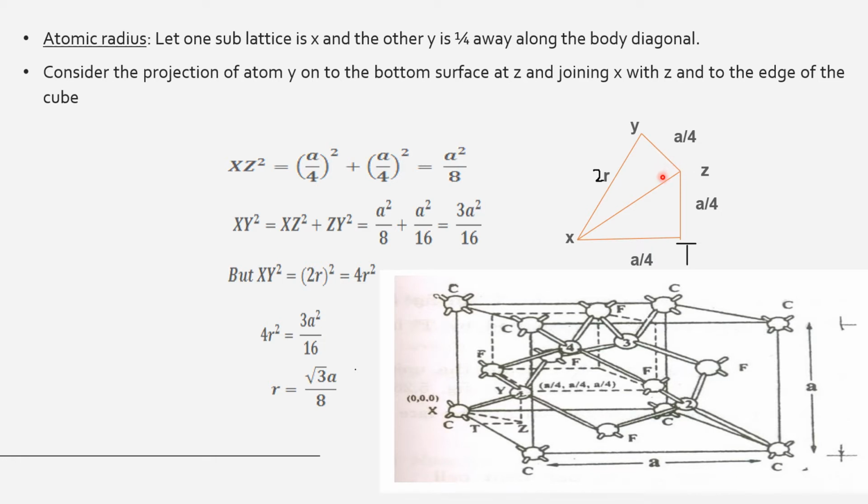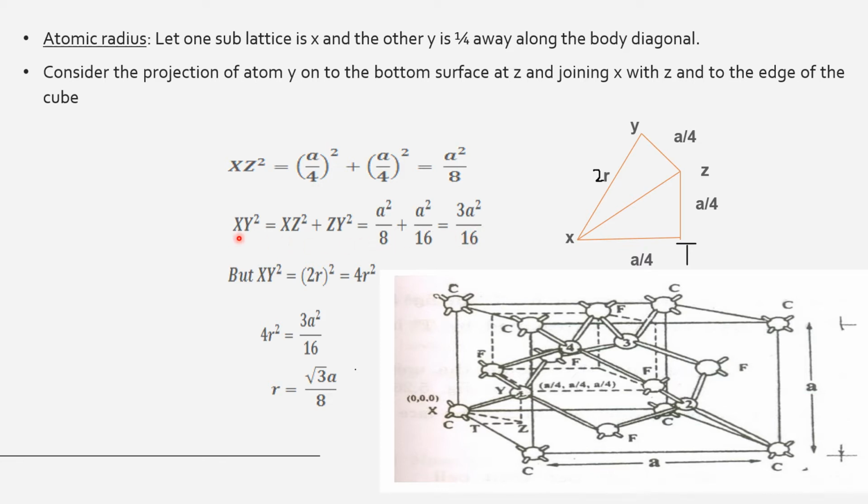This is a right angle triangle. So XY square is equal to XZ square plus ZY square. XZ square we have got as a square by 8, that you substitute, plus a square by 16, is equal to 3a square by 16.